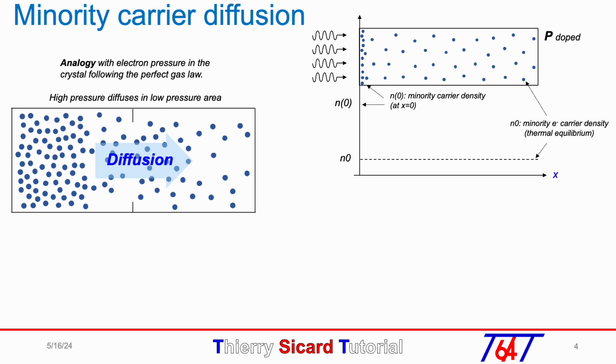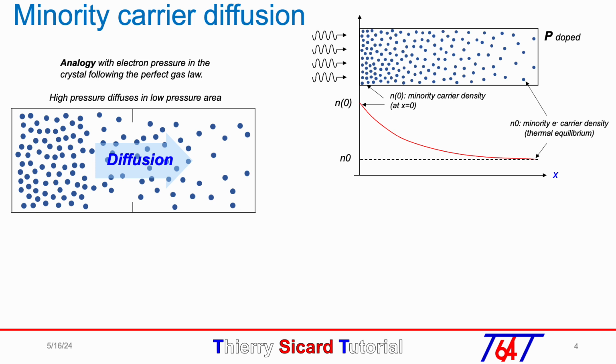As for the gas analogy, those electrons will diffuse to the right in the silicon bar. For those electrons, diffusing means moving, and moving electrons means current. This current is called a diffusion current.